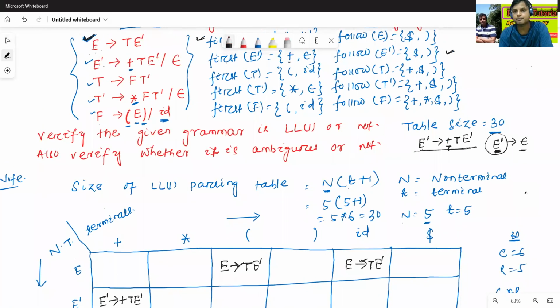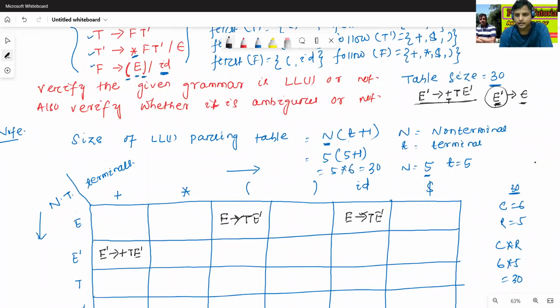Follow of E prime equals dollar and close bracket. So we'll fill dollar and close bracket with E prime → epsilon. If first of any non-terminal contains epsilon, we have to use the follow of that non-terminal. This is the important point.